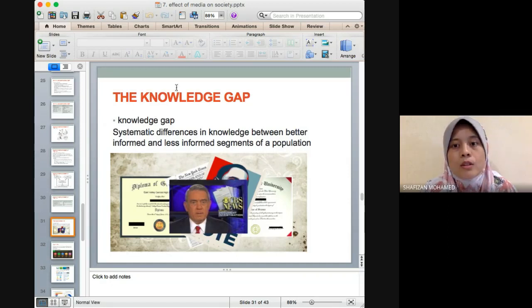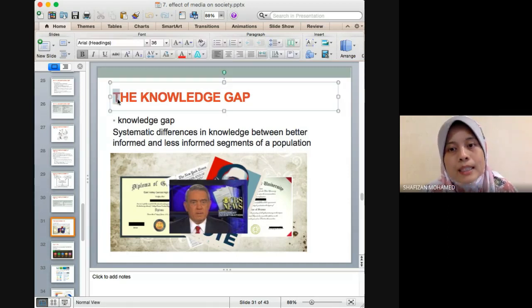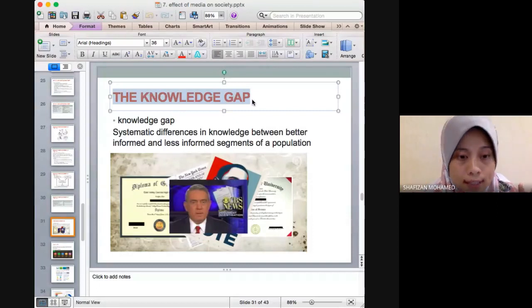So this knowledge gap is quite an old theory. This is a theory that they use to explain, especially with the coming of television. Because you have to bring yourself back to a time when the television was first introduced.